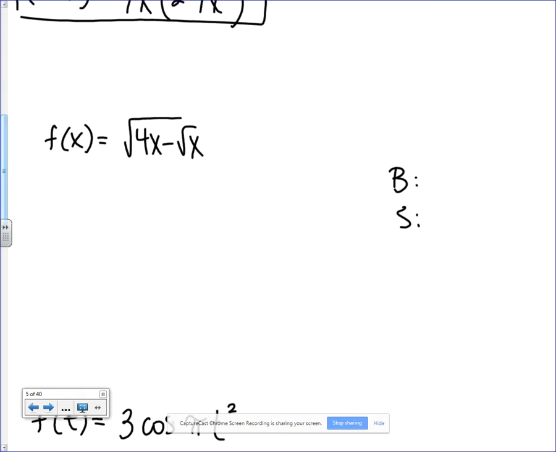This is number 6. Okay. Please notice that this square root is over the whole thing. So I'm going to rewrite it first. And this is going to be the chain rule. Big function.